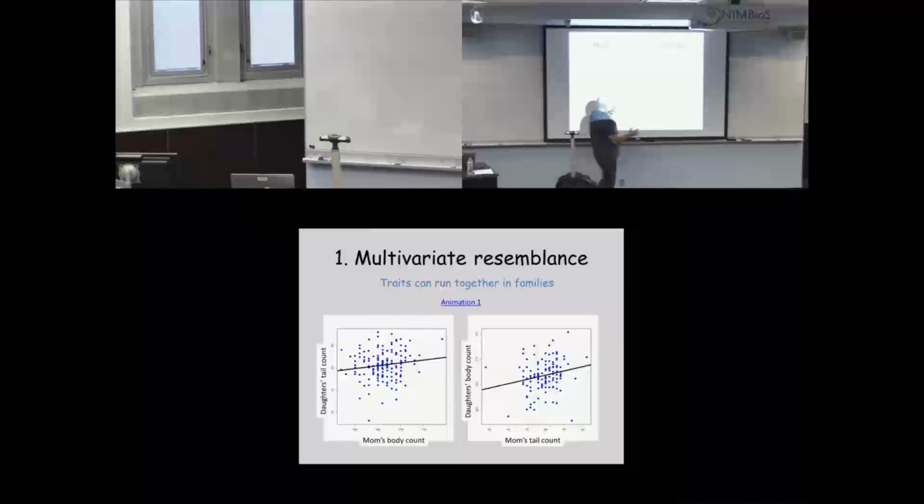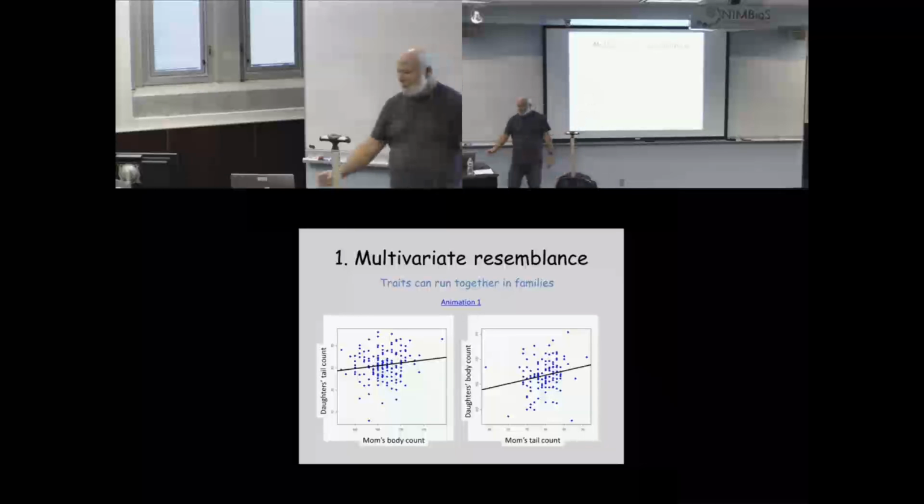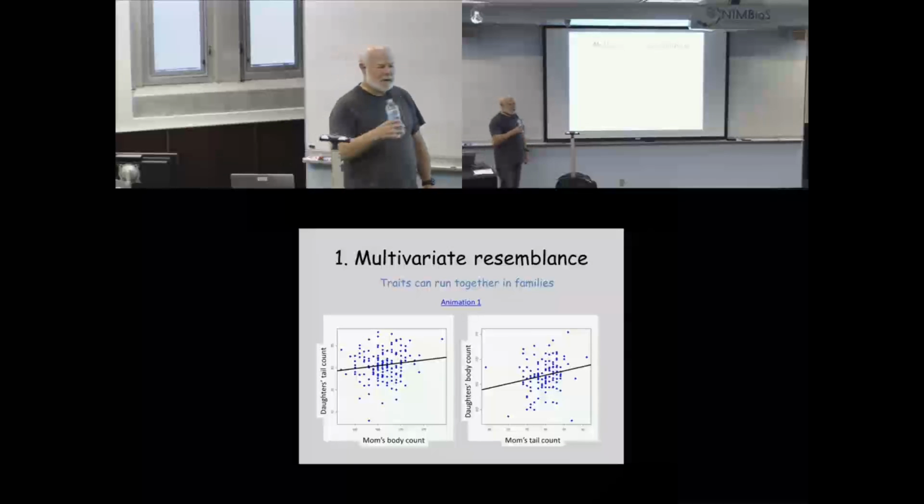Now, what's useful is not going to be the slope, but the covariance of this plot. And so just as this plot, in the heritability sense, estimated 1/2 the genetic variance, here it's estimating 1/2 the genetic covariance between the tail and the body count. Likewise, this plot should be estimating the same parameter, even though these point estimates look a little different.